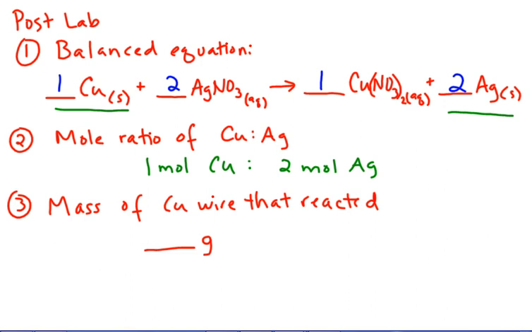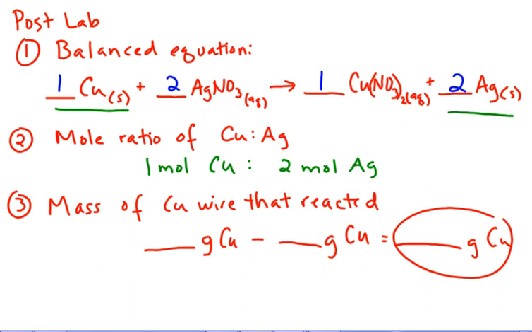But you should have 2 masses of copper, one from the very first day, and then a second massing of copper, which was done on day 2. That second mass of copper should be a little bit less than the first one. So it's a subtraction to figure out the mass of the wire that reacted.